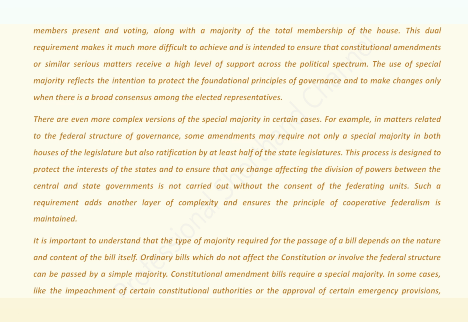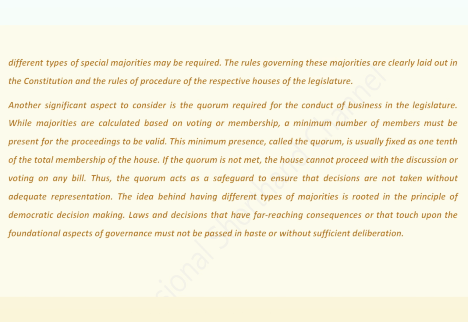In some cases, like the impeachment of certain constitutional authorities or the approval of certain emergency provisions, different types of special majorities may be required. The rules governing these majorities are clearly laid out in the Constitution and the rules of procedure of the respective houses of the legislature.